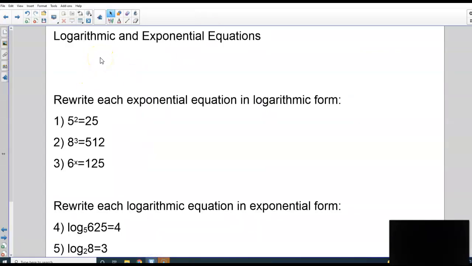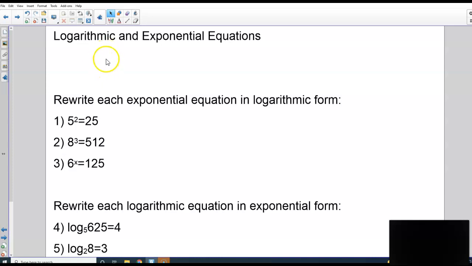All right, let's work on doing a few things with logarithms. What we need to remember is how to rewrite these, going from exponentials to logarithms and logarithms to exponentials. Logarithms and exponentials are inverses of each other, so they undo each other.